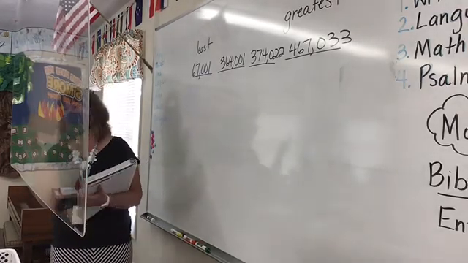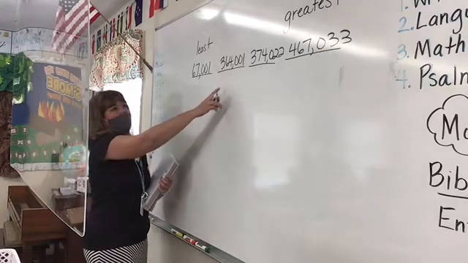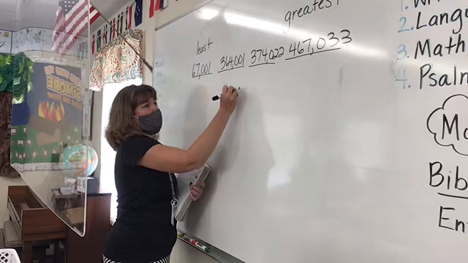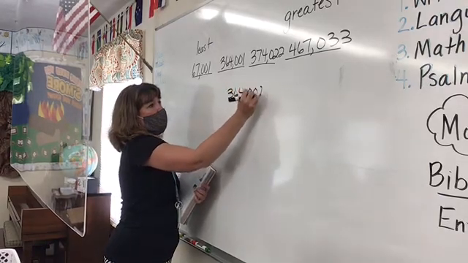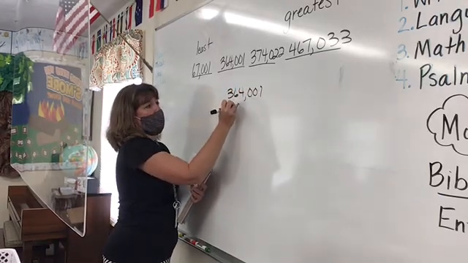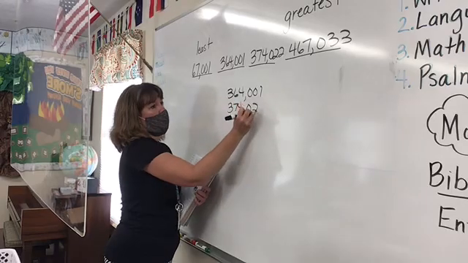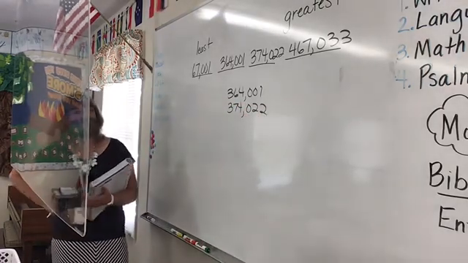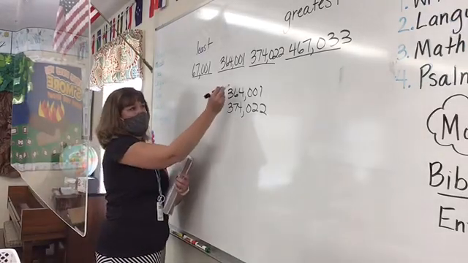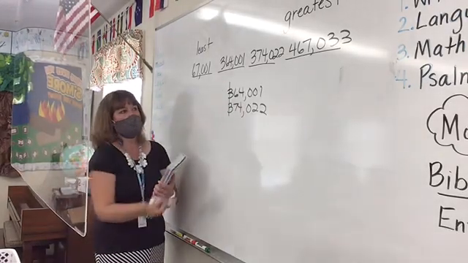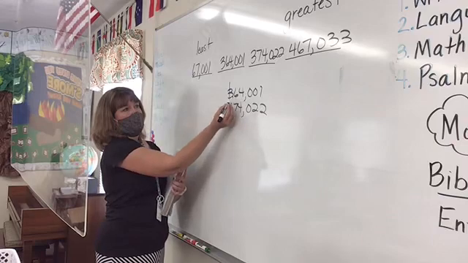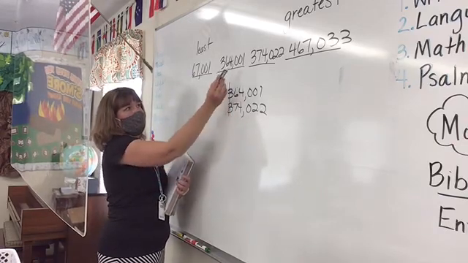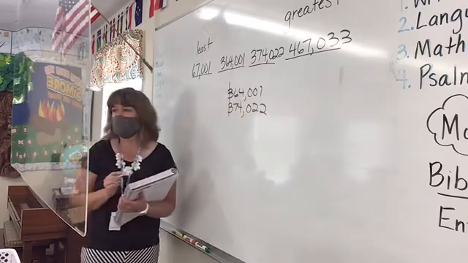It's mainly when you have 2 numbers. So, like for instance, if you had 364,001 and 374,022, and you're like, I don't know which one's bigger than the other. So start with your 100,000s. They're the same, so you go to your next digit. So 6 comes before 7, so 6 is less than that one.